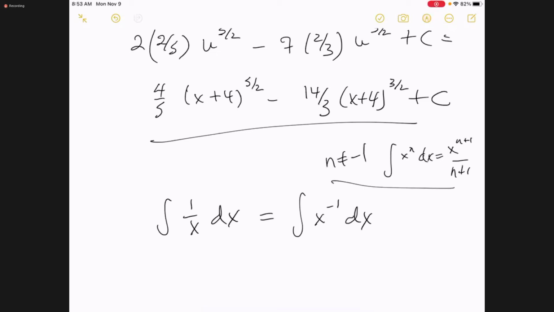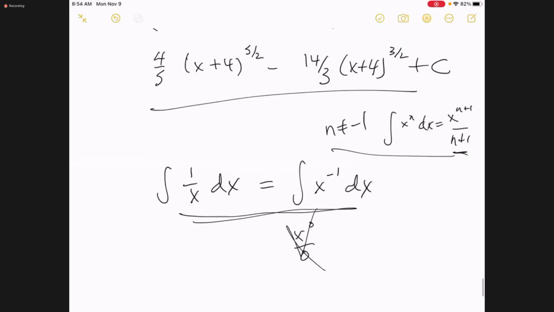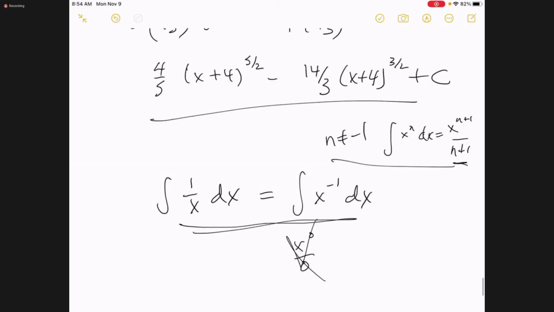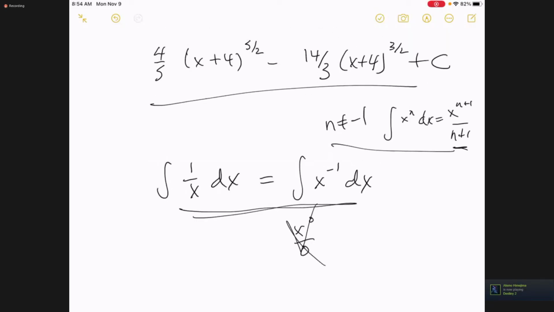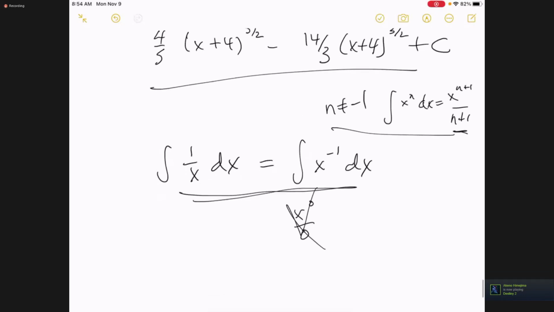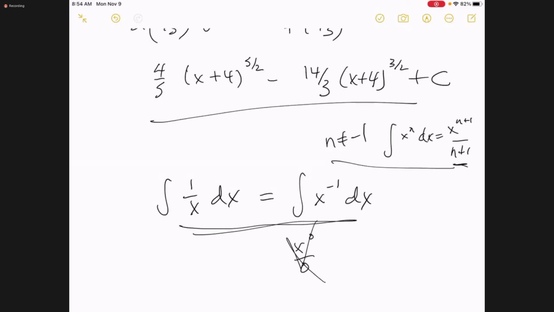Because if you try to do this, you get x to the 0 over 0, which is meaningless. But this one is a very important integral. And we are going to talk about it in terms of the fundamental theorem of calculus and develop all the properties. So stick around if you have questions.